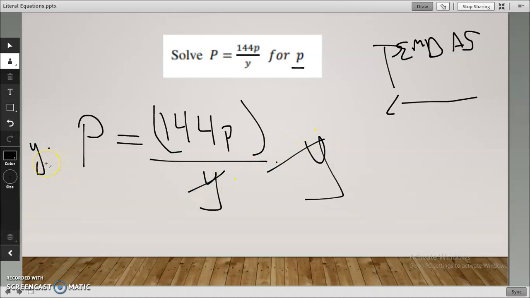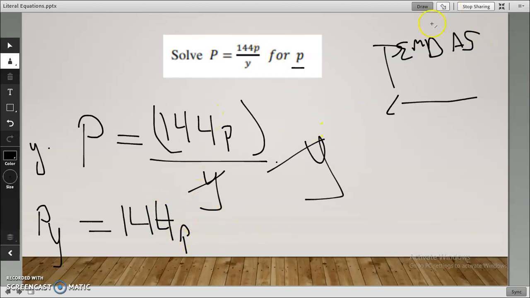I'm not going to write yP because in algebra we don't normally write it not in alphabetical order, so I'm going to keep it in alphabetical order. So I'm going to get Py. It doesn't matter, but when you see an answer choice, it's going to be Py. Equals 144 lowercase p. Again, I'm solving for p.